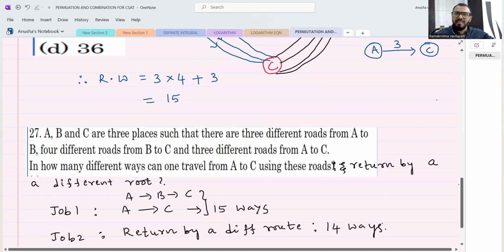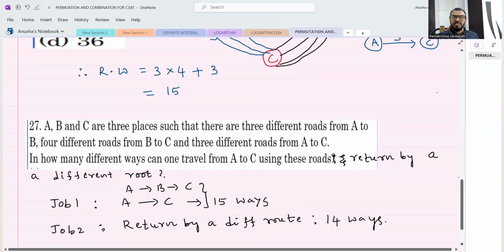Traveling from A to C is job 1, and going back to the original place is job 2. Here we are using the word and, right? How many ways can one travel from A to C using these roads and return by a different route? There is a word and, right?